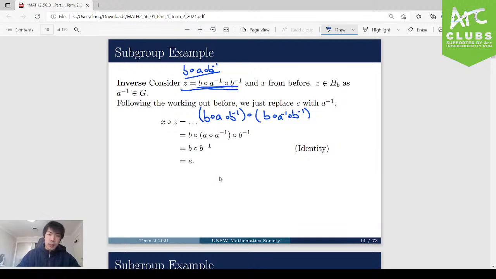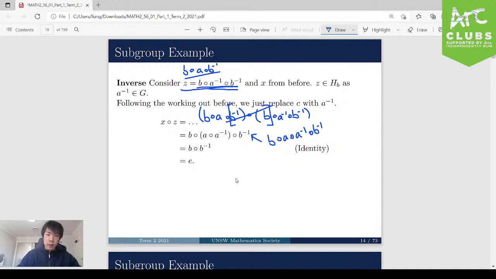And again, using associativity, we can interchange the brackets such that we have B inverse dot B, but that just becomes the identity, so that disappears. Now you're left with B dot A inverse dot B inverse, which is this line here.